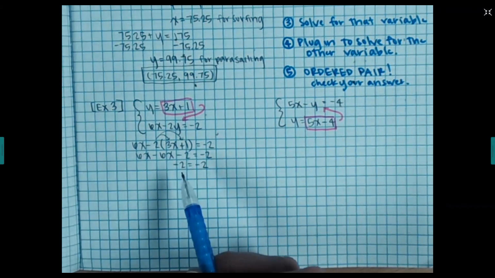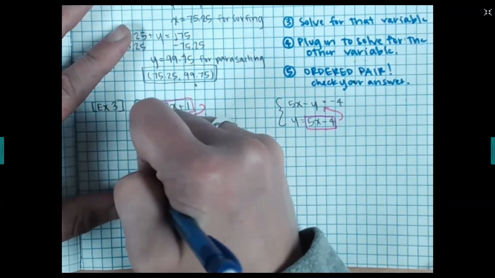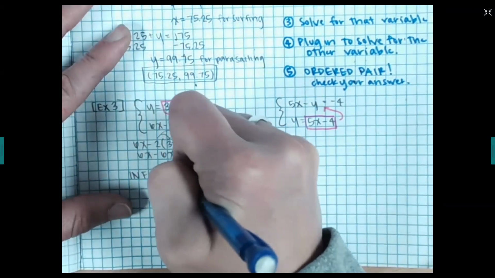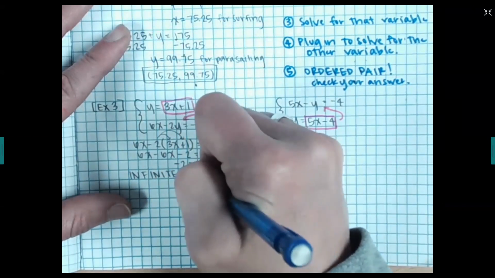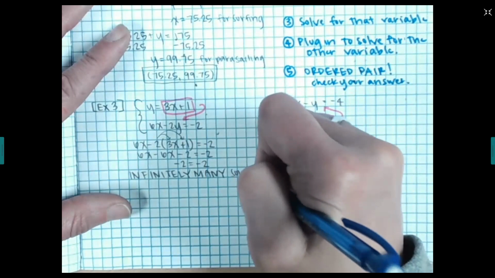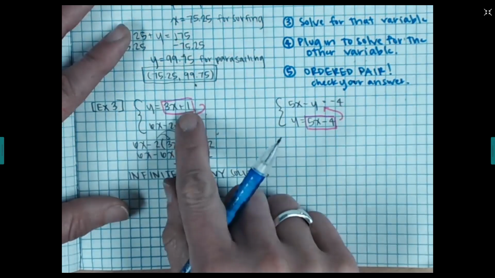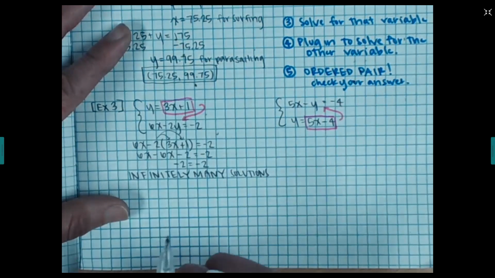If we get a true statement like this, negative 2 equals negative 2, this is infinitely many solutions. If I graphed this, you would see that these were the same line.